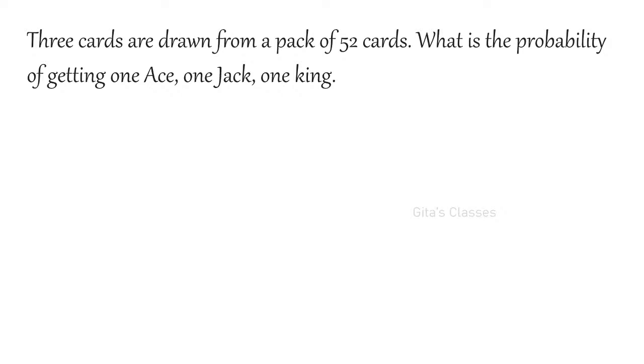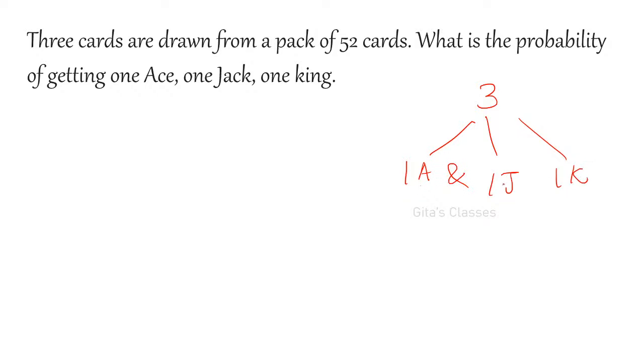No, ma. You have to select 3 cards. In that, 1 should be ace, 1 should be jack, 1 should be king. See, 3 cards I want. So 1 ace I want to take and 1 jack and 1 king. Actually, with this 1 ace, it is not over.